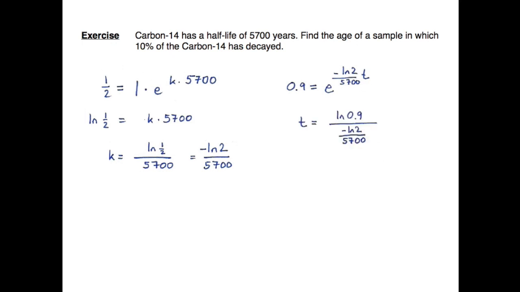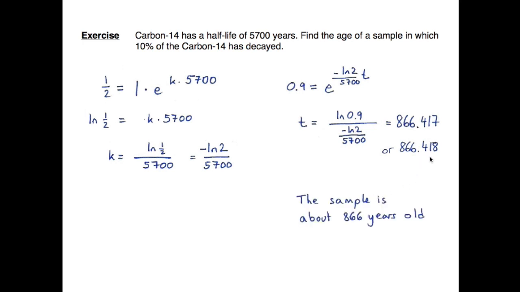So I find t equals this exact value, which can be rounded to 3 decimals, 866.417 or 866.418. Obviously it's not going to be that precise, but since we're doing math, we'll keep the 3 decimals here. So the sample is about 866 years old.